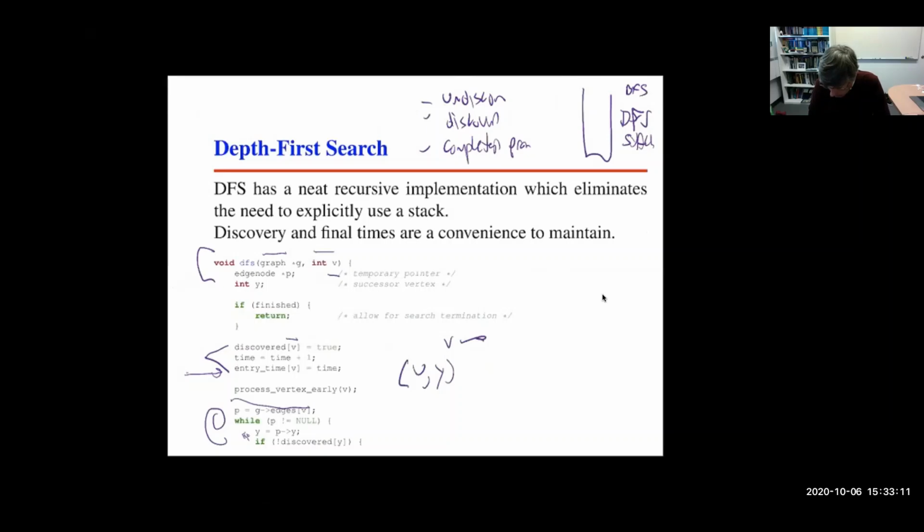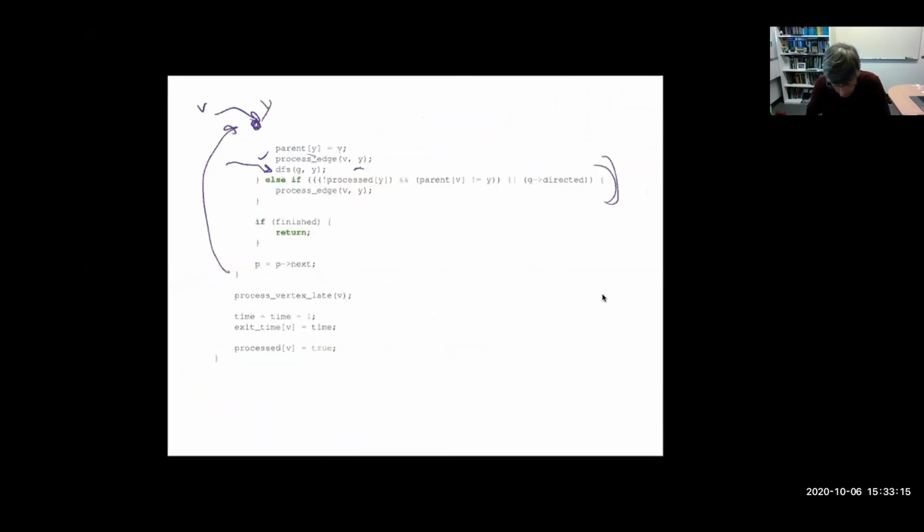We look at all the outgoing edges one by one. If we discover a new vertex, then we immediately do a depth-first search from that vertex. Once it has explored everything that it can, we eventually come back here and look at the remaining neighbors of vertex 2.